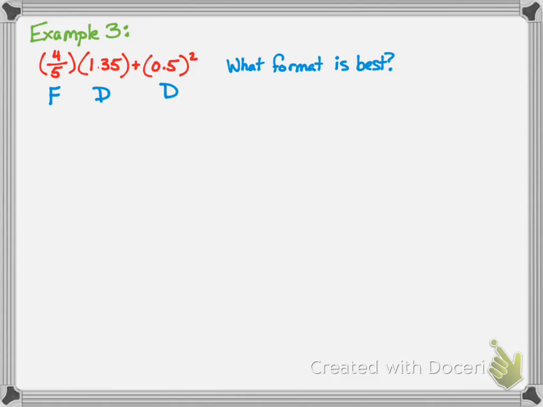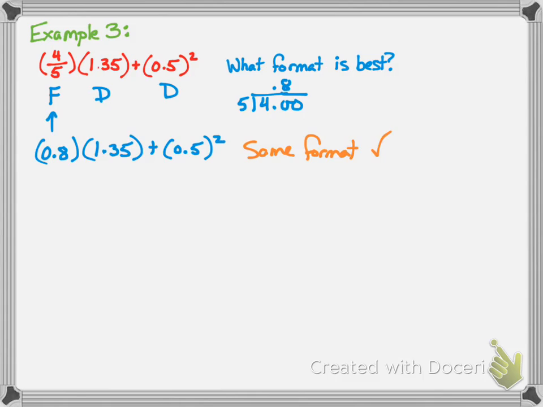All 3 of those together, it might be easier if we flip the one fraction into a decimal, especially once we realize that that fraction is terminating. If I divide 4 by 5, I know that I'll get 0.8. So I can convert the 4/5 into 0.8. Then I have 0.8 times 1.35 plus 0.5 squared.